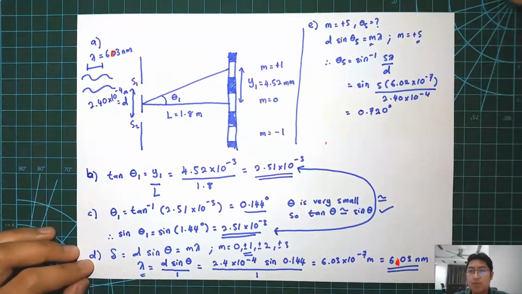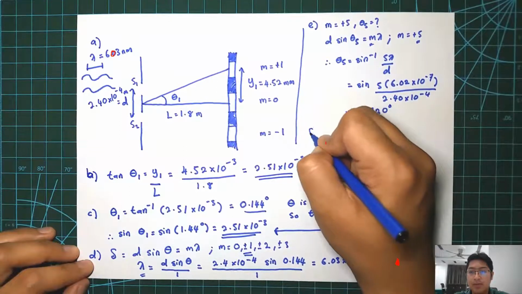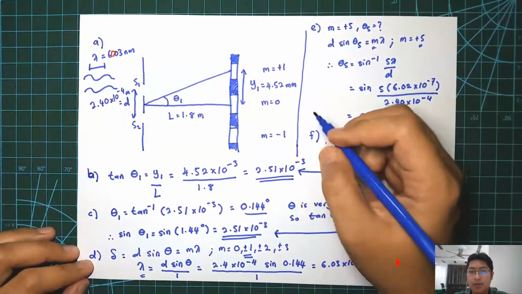So it becomes 0.720 degrees. That's the fifth angle, the angle for the fifth bright fringe.